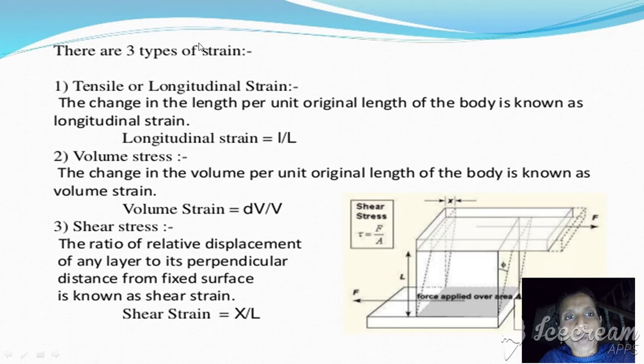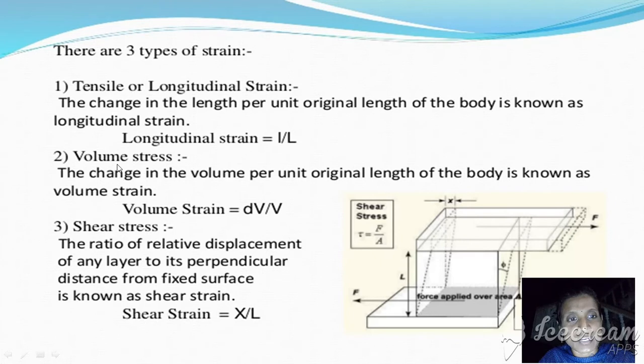Later, due to application of this stress, we get changes in the dimensions. These changes are called strain, and we have three types of strain correlating with the three types of stress. Longitudinal stress, which we discussed previously, correlates with longitudinal strain.